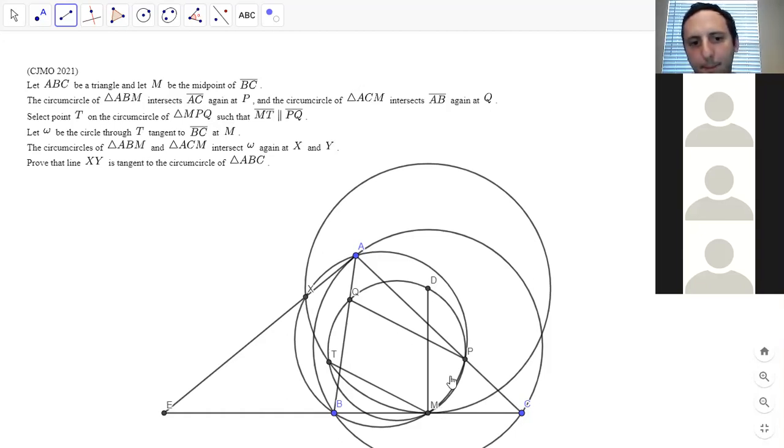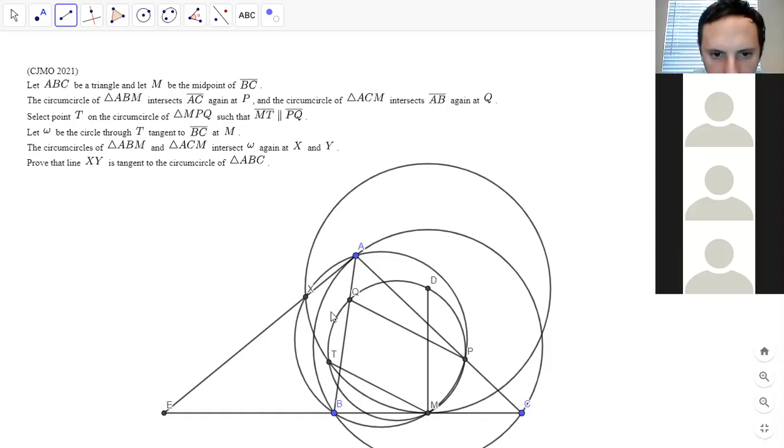So angle XMP, we want to show that's AXM, but XMP is 180 minus PMC minus XMB. I wonder if it's just angle chasing here, because I think it is.